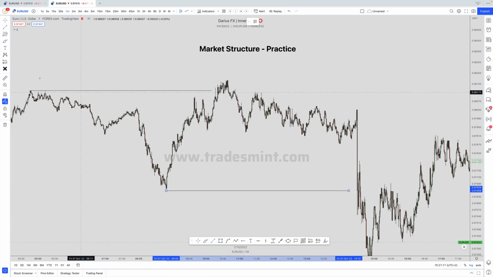So we see here a high get broken. At this point, you say, okay, you got a higher high. If you view this context, at the point when price came here, it broke it and is back bearish, okay?